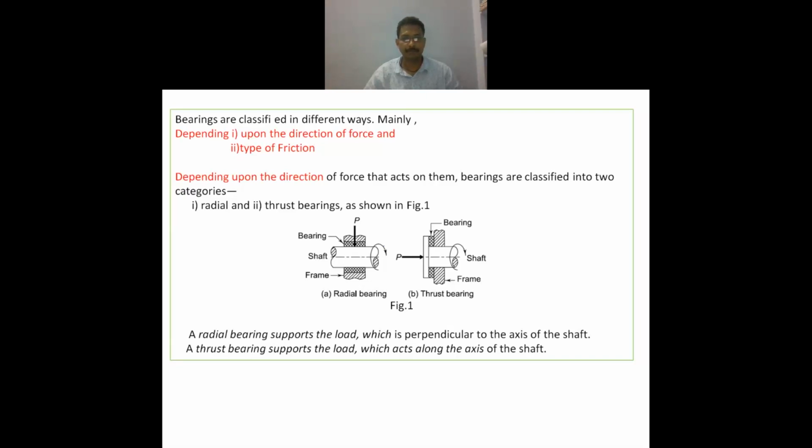From figure 1A, you can find a radial bearing where the force is acting perpendicular to the axis of rotation of the shaft. That is a radial bearing. Now coming to thrust bearing, from the figure, you can find the force acting along the axis of the shaft's rotation, and this is called the thrust bearing.